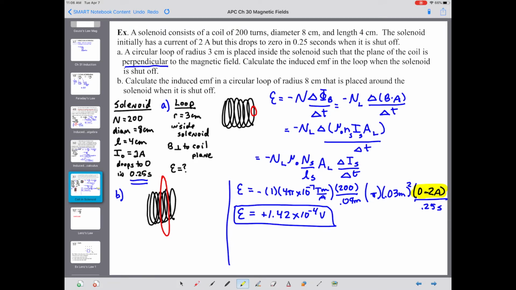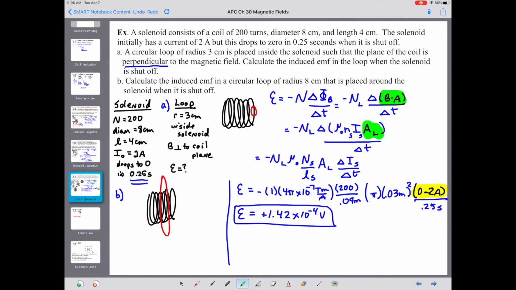Now, all along, our math is going to look very similar, except when we think about the flux. I'm going to highlight and overlay on part A. When we think about this flux, that B dot A, for a solenoid, the only place that the field is being established is inside the solenoid. So that B dot A, this area is just the area of the solenoid.